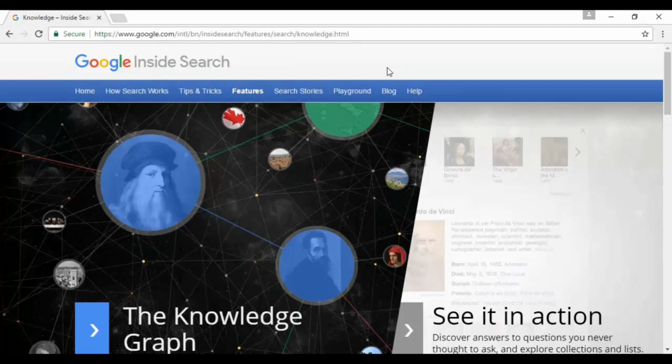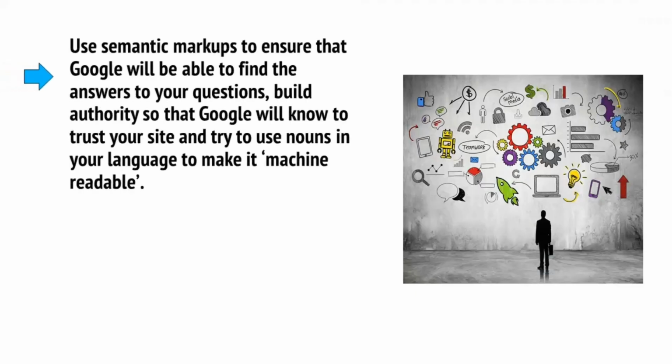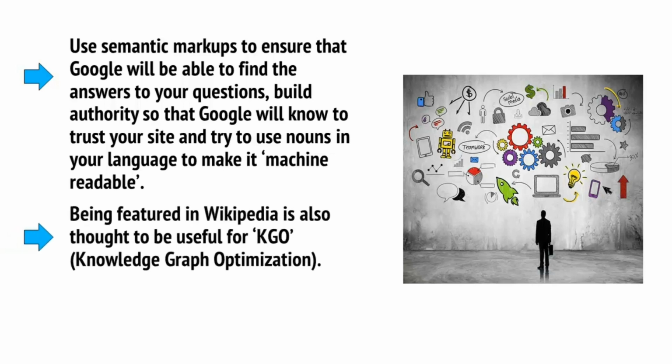Use semantic markups to ensure that Google will be able to find the answers to your questions. Build authority so that Google will know to trust your site, and try to use nouns in your language to make it machine readable. Being featured in Wikipedia is also thought to be useful for KGO, that's Knowledge Graph Optimization.